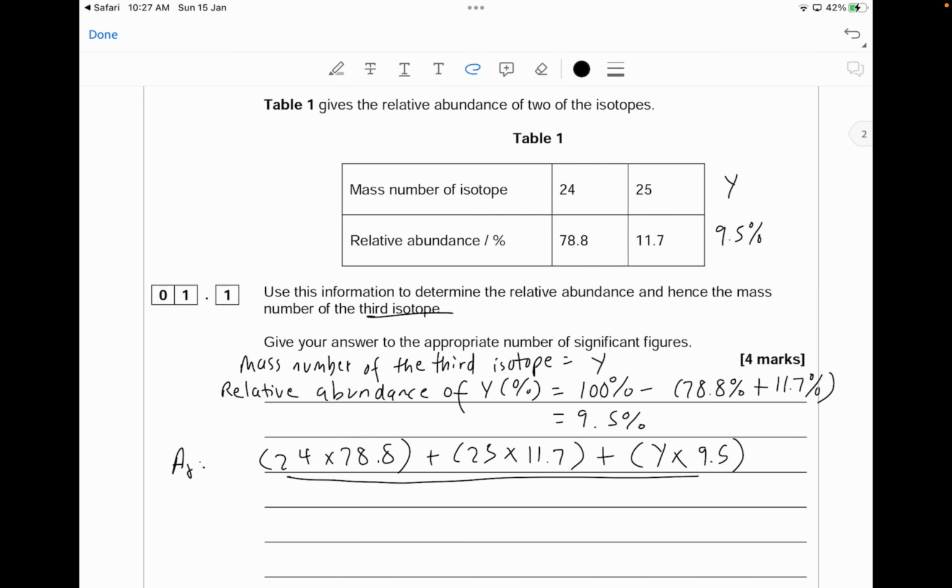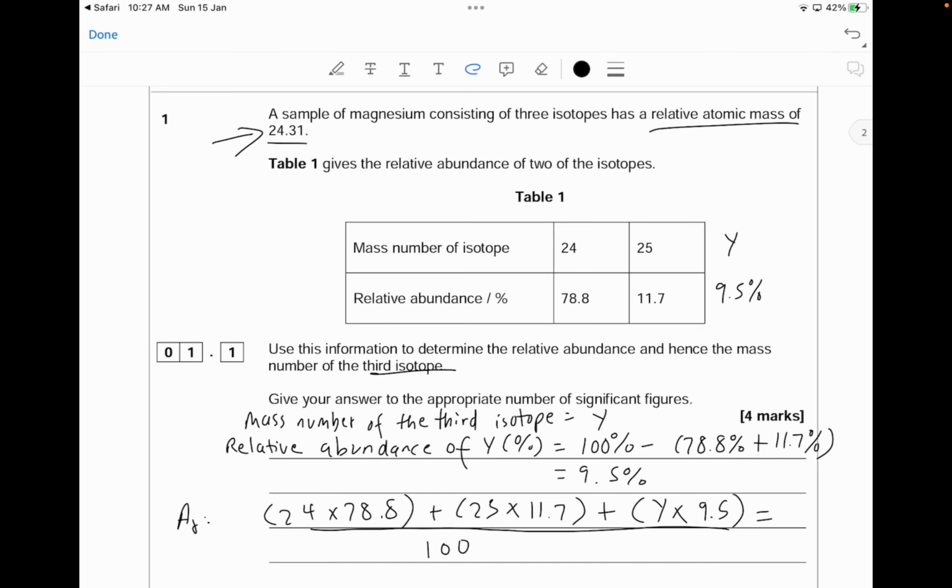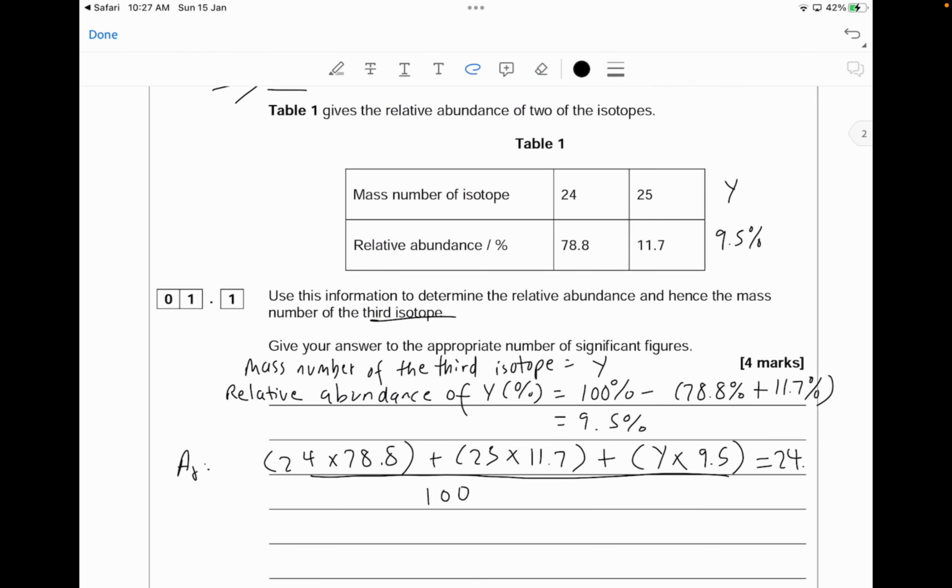Divided by, since this is a percentage, we're going to divide it by 100. Now the reason why we divide by 100 is because when you add all of them together, you get 100. So that's the reason why we divide by 100. And we're going to make it equivalent to the relative atomic mass, which is the AR in this case, 24.31. This is how we're going to create our equation.